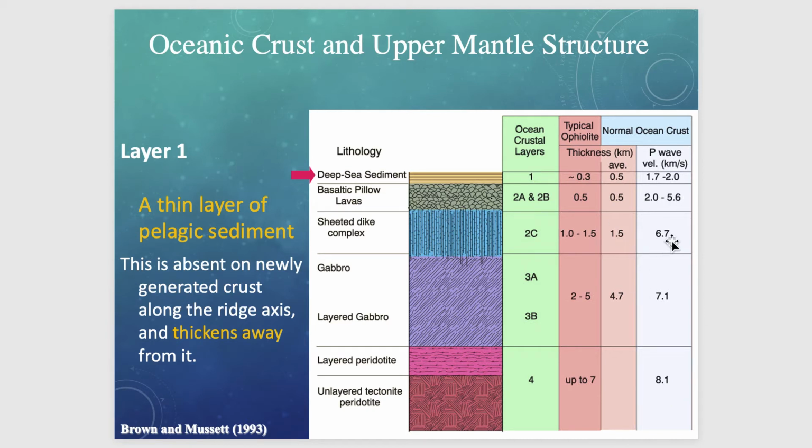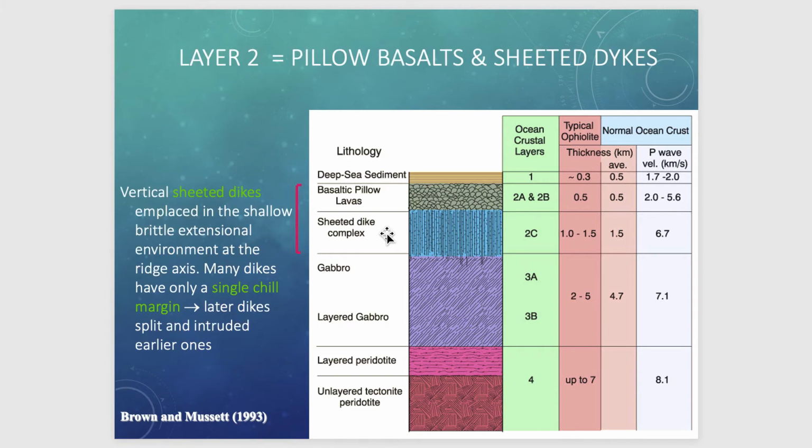Progressively, these values will jump while we move into the basaltic complex, so the sheeted dike complex, and we'll see that if we look at the vertical sheeted dikes, we have a set of pillow lavas as mentioned, and the more clear sheeted dike complex, so vertical dikes emplaced in shallow brittle extensional environments.